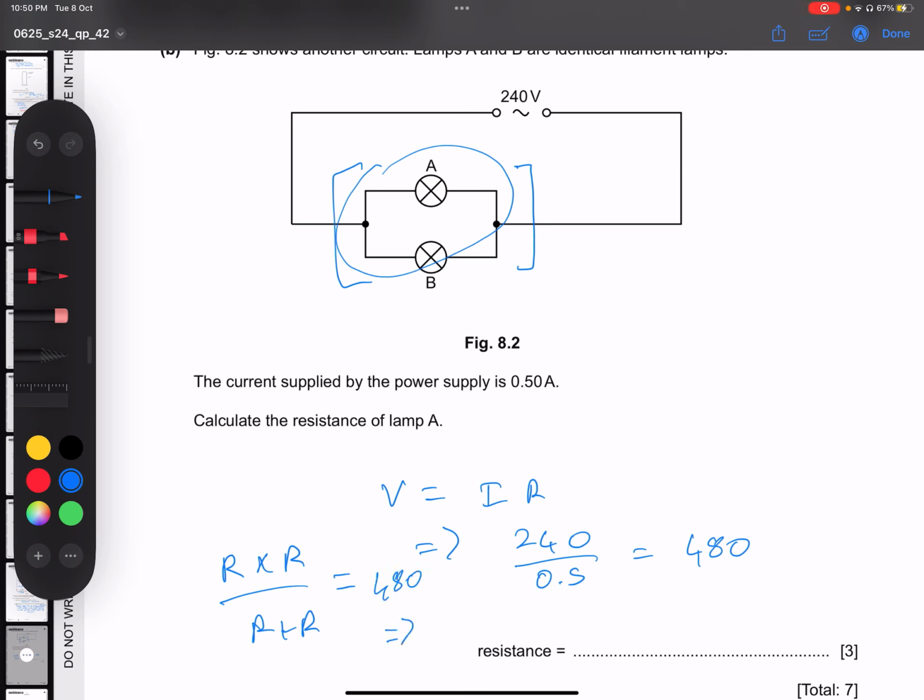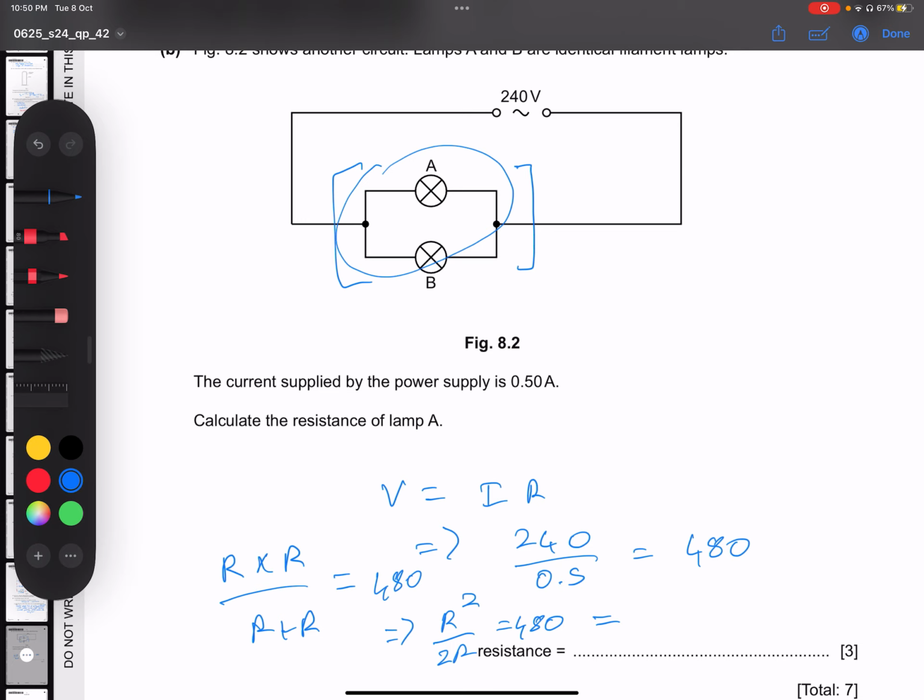R times R is R squared, divided by 2R, is equal to 480. With a little bit of math, we get that this is half of R.